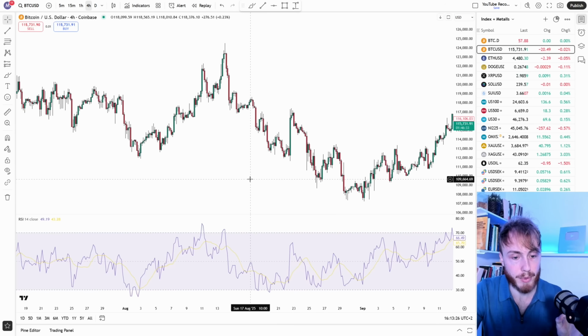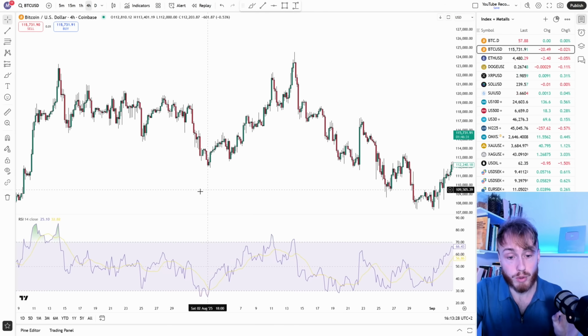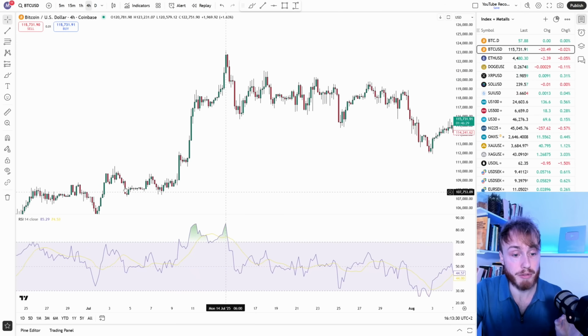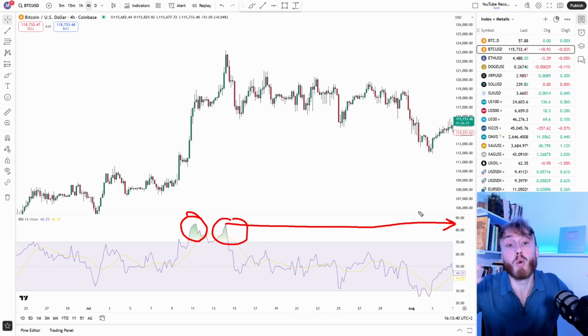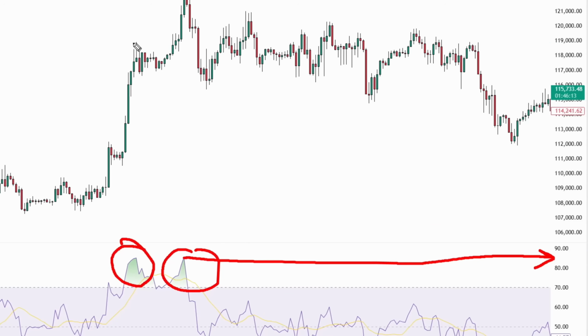So, for example, as you know, the RSI measures momentum. So if you look, for example, here, you can see that we have extreme high values on the RSI. You can see right here, the RSI is above 80, which means that it's very overbought. And you can see that when the RSI is very overbought, this will mean that we have lots of momentum in the market.